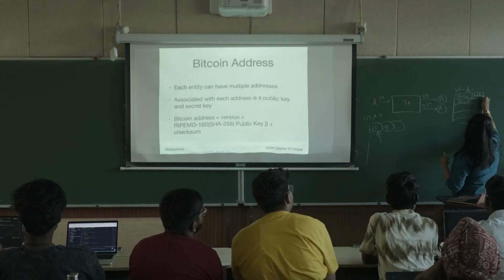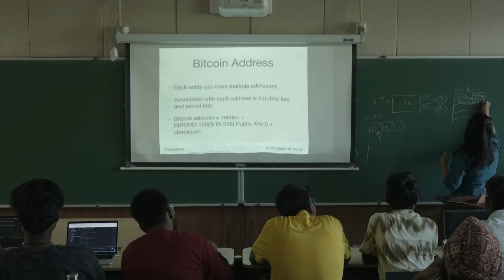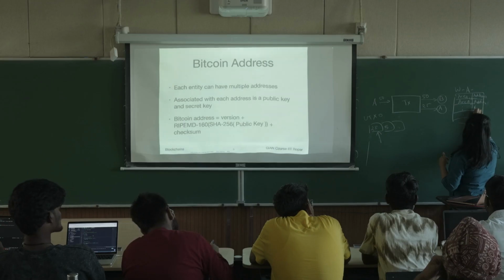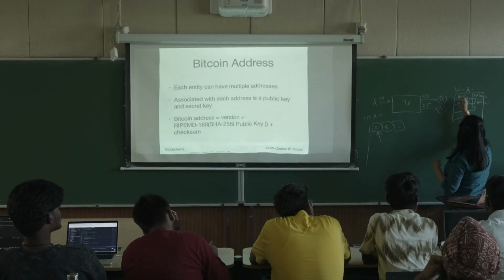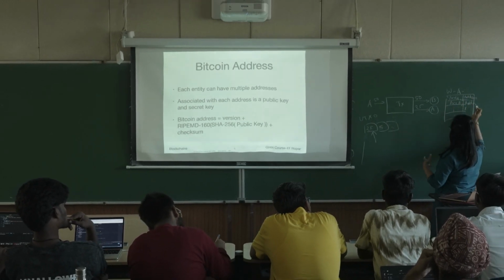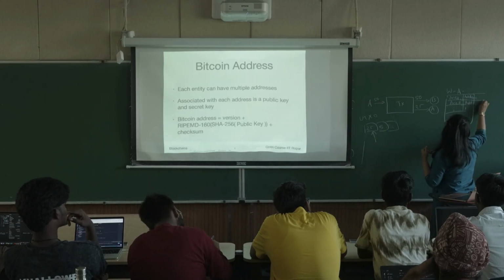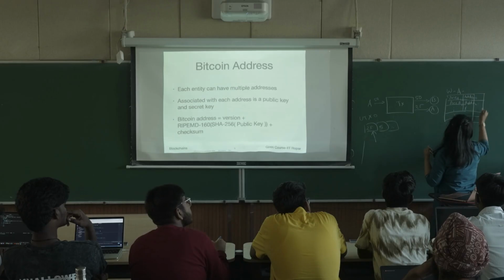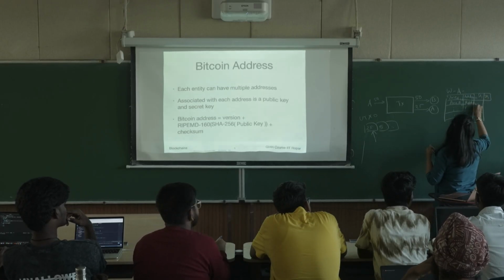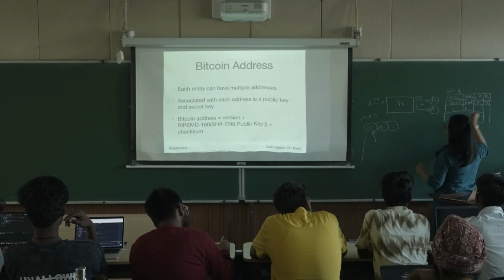Address of account 1, address of account 2. Actually there are more fields to this, we will talk about this, but account A1 has address A1, account A2 has address A2, and so on. These also have secret keys and public keys: SK1, PK1, SK2, PK2, and so on.